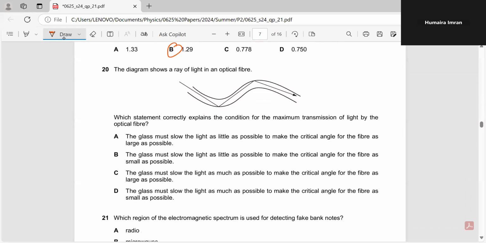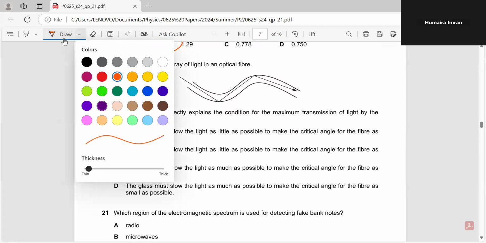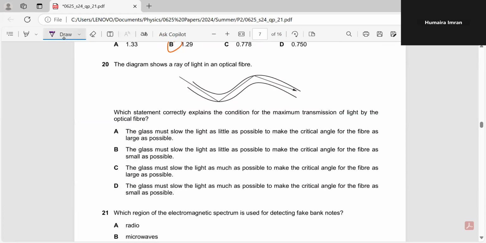Next question, question number 20. The diagram shows a ray of light in an optical fiber. Which statement correctly explains the condition for the maximum transmission of light by the optical fiber? So they need maximum transmission of light in the optical fiber, right? Optical fiber is made up of a glass material. First of all, here they are talking about the critical angles.